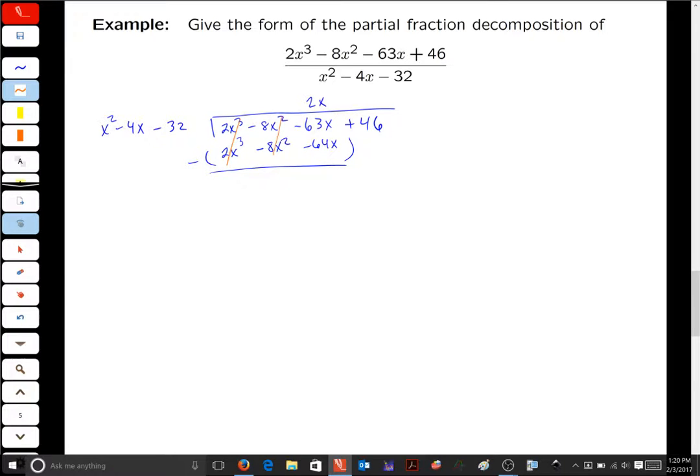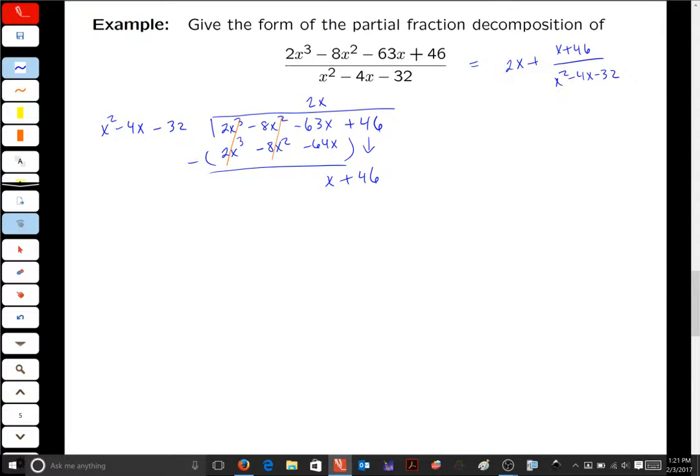Those cancel, and this becomes a plus 64 minus a 63, which gives me an x. Bring down your 46. How many times does x squared go into x? It can't. The degree's small. So then this becomes 2x plus x plus 46 over x squared minus 4x minus 32.